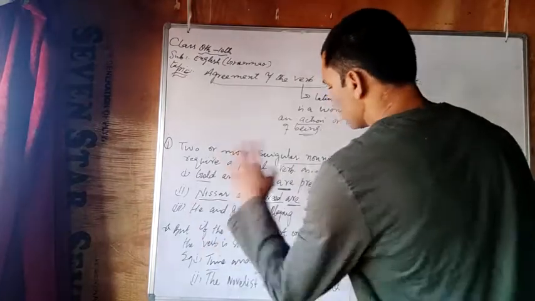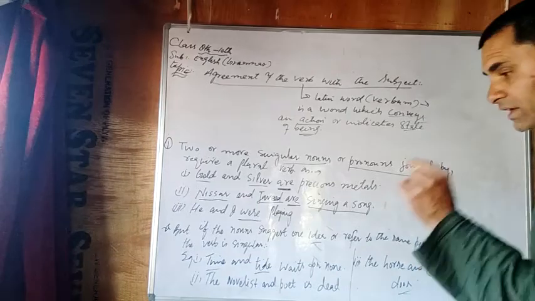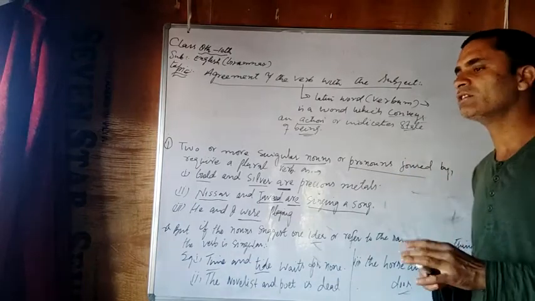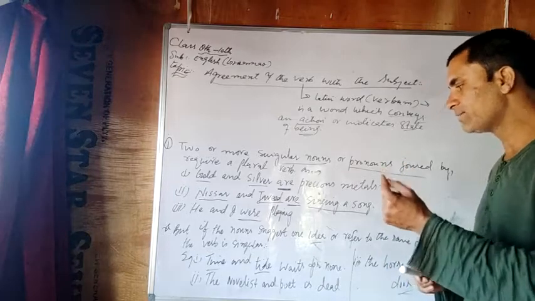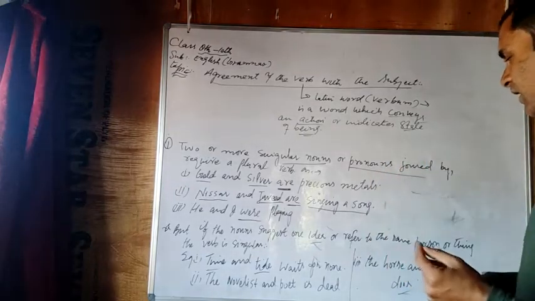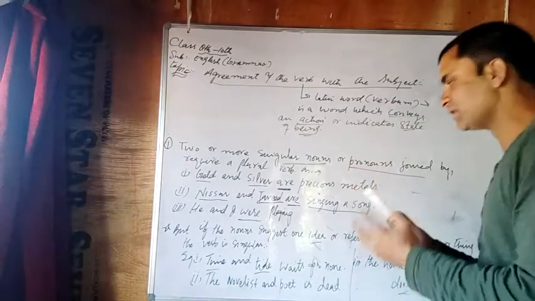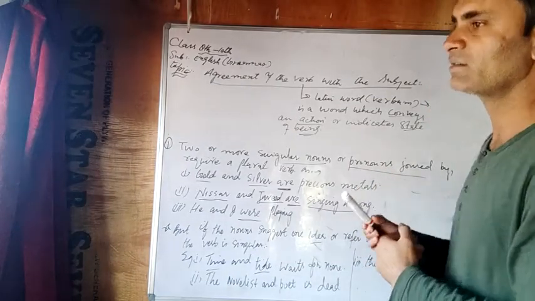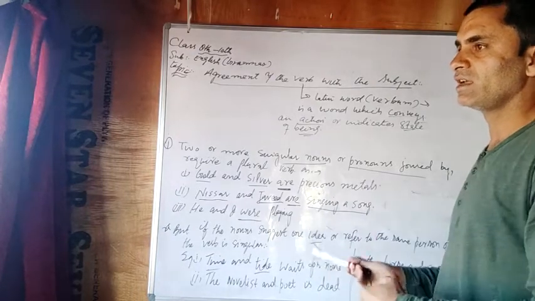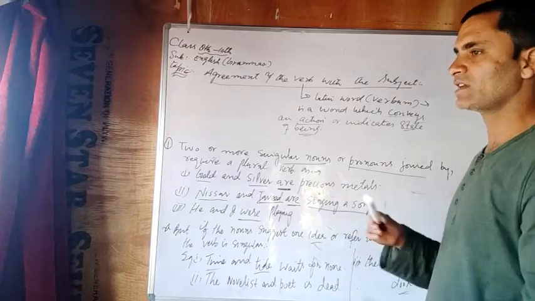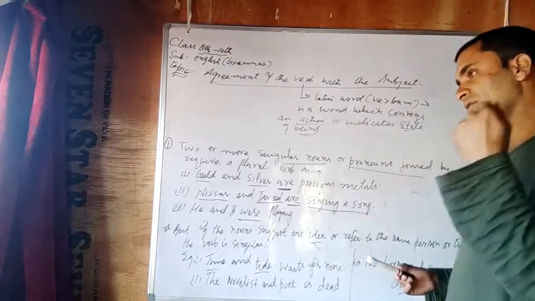But there is an exception. If the nouns, whether two or three, suggest a single idea, or refer to the same person or thing, for example, he is a novelist as well as a poet, the idea is single and refers to one person.